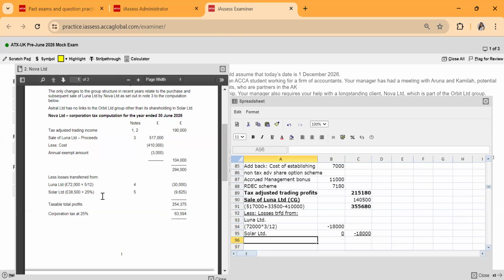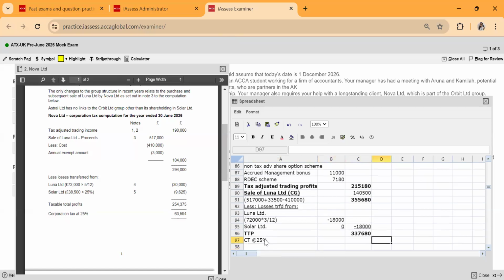Okay. Now let's go to the next one. We have the next one as TTP. Now we have nothing else but TTP. So let's calculate TTP. So TTP would be 337,680. Now we have to calculate corporation tax at the rate of 25%, which you assume is correct. And here also the TTP is on the same line.